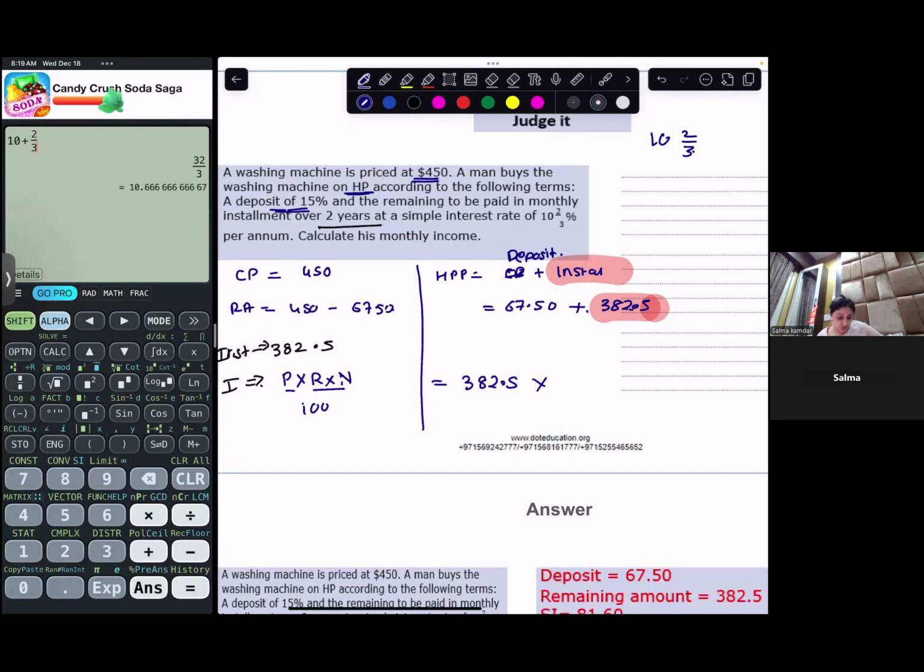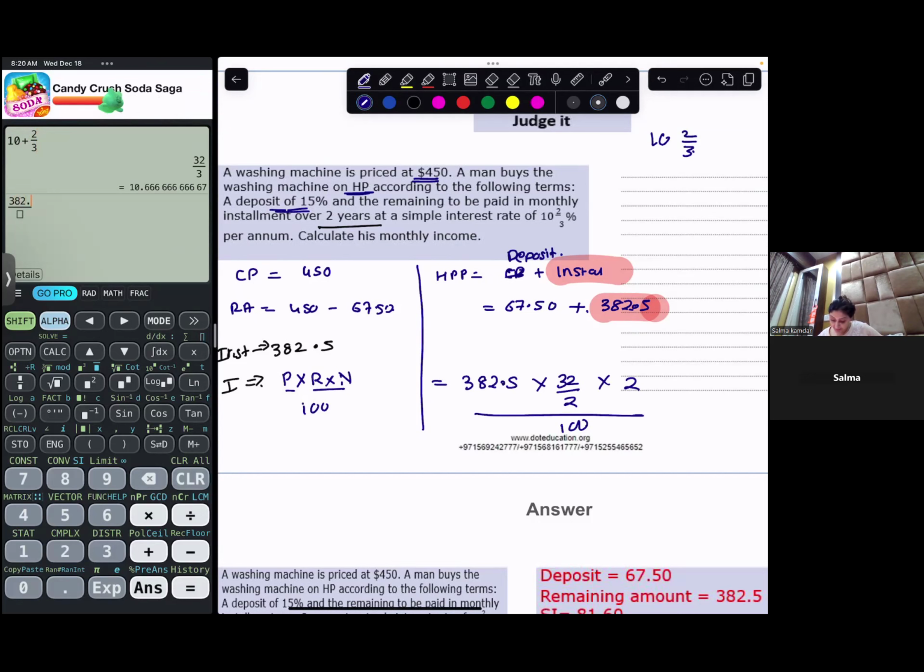So this is 32/3. And the time period, I'm going to pay in monthly installments over 2 years, the whole divided by 100. So I'm going to plug this into my calculator.